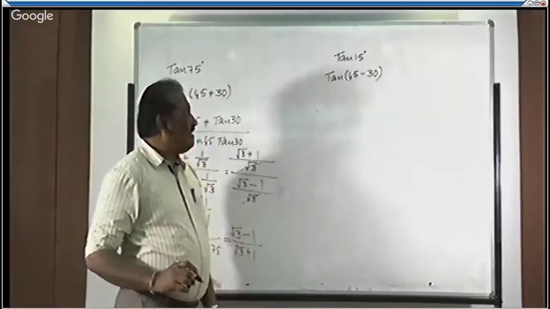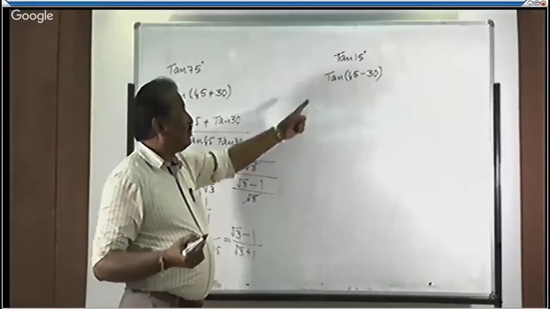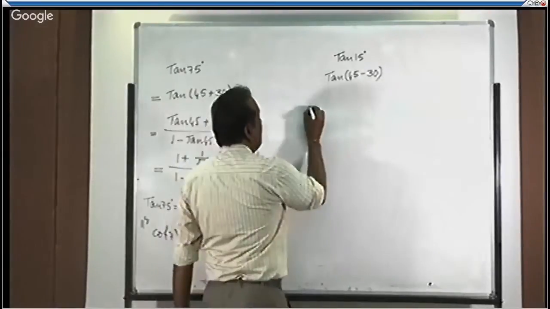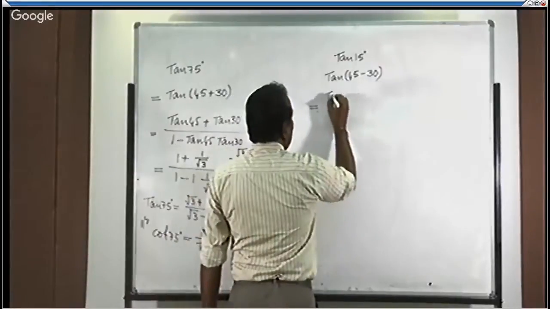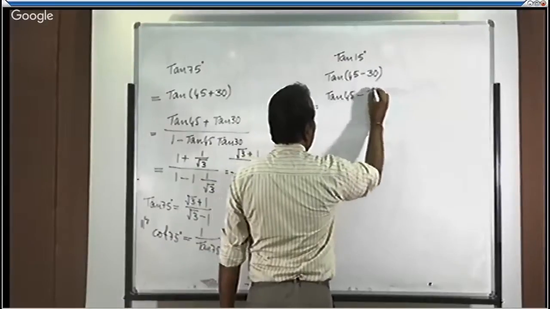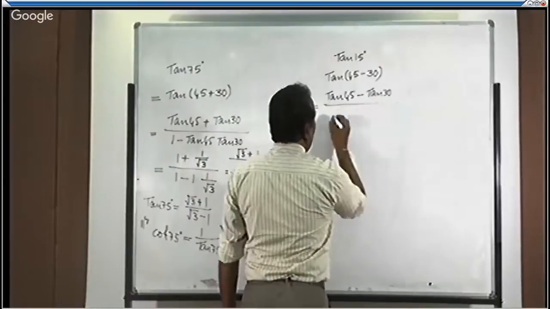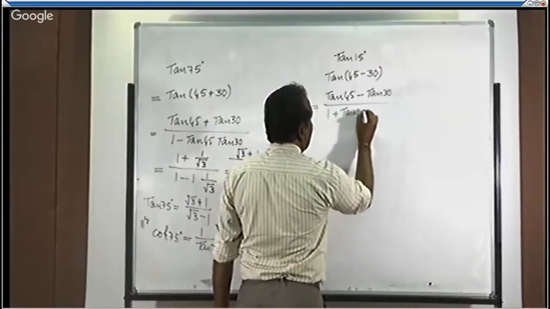So if you consider 45 degree as A and 30 degree as B, now this is in the form of tan of A minus B. We also know the subtraction formula for tan: tan of A minus B is tan A minus tan B whole divided by 1 plus tan A tan B.